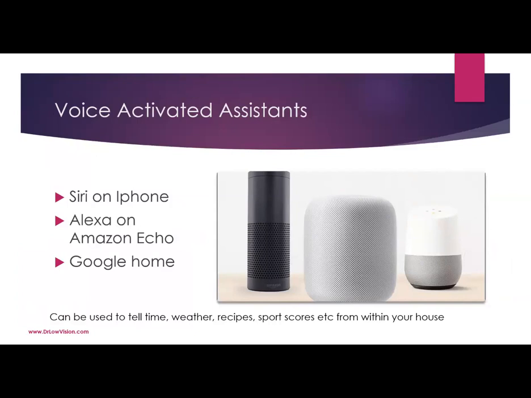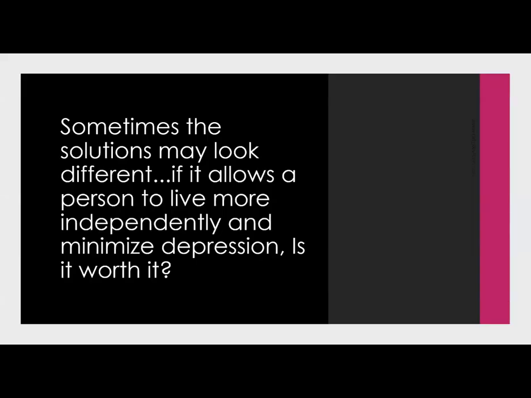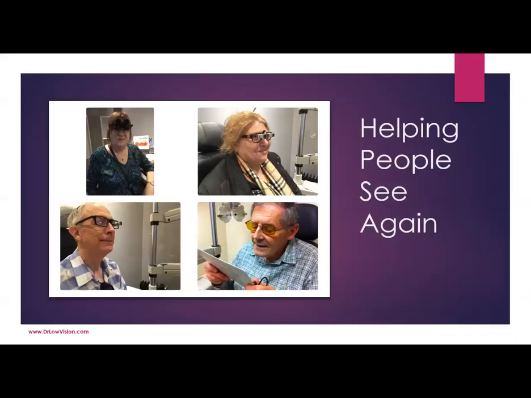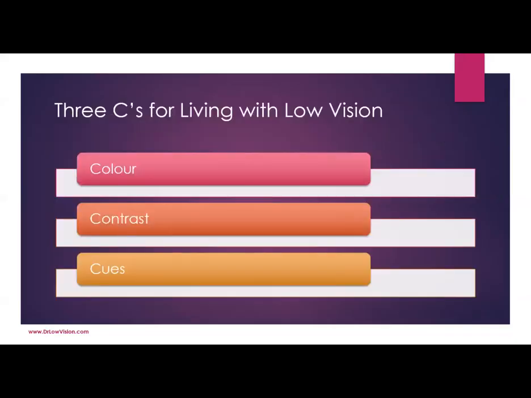Especially if someone is a senior living on their own, they're at least getting an interaction, even though it's a voice activated assistant, not a real person, but it can help them know what's happening in their world. So sometimes the solutions may look different. If it allows a person to live more independently and minimize depression, is it worth it? It's all about helping people see again, see the things that are most important to them.